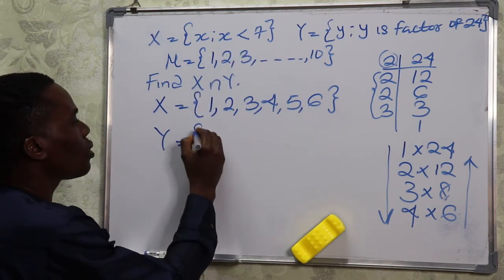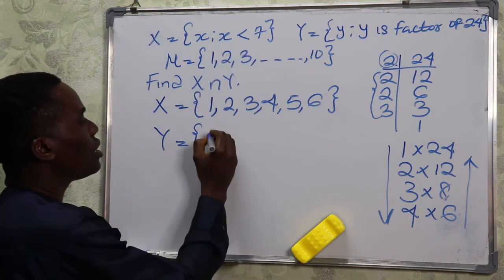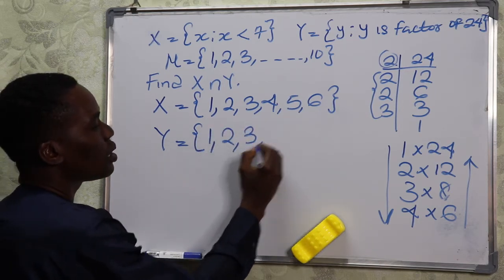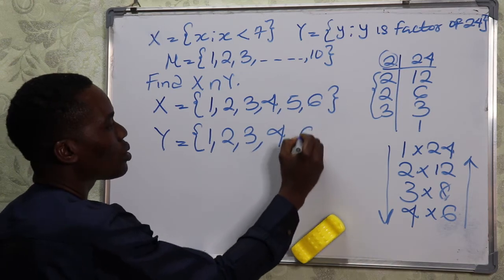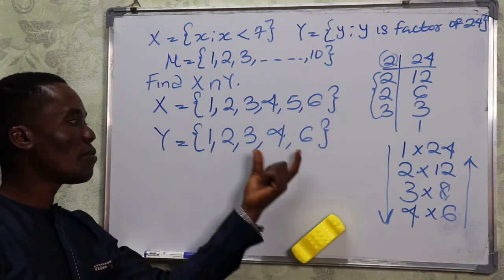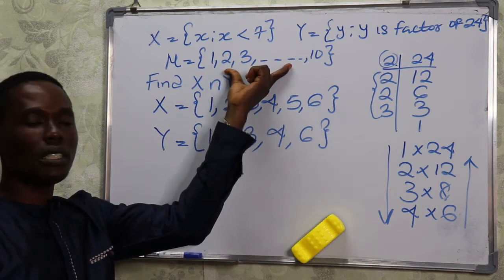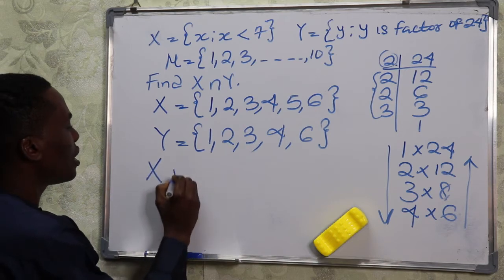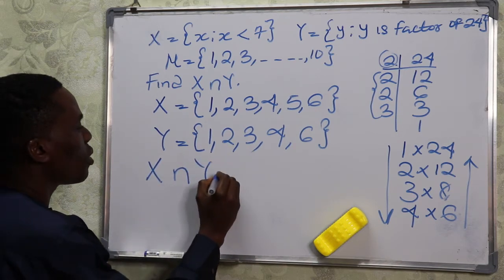So the factors of 24 we require is 1, 2, 3, 4, and what? And 6. These are the factors of 24 that is needed, that are within this set. Now the question says we should find x that are intersect of what? Y.